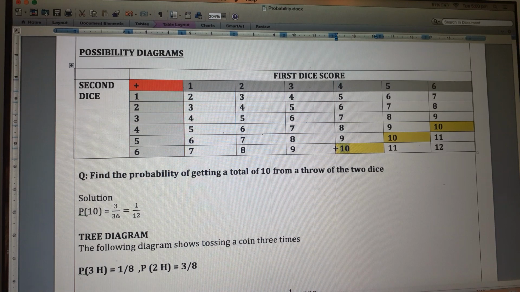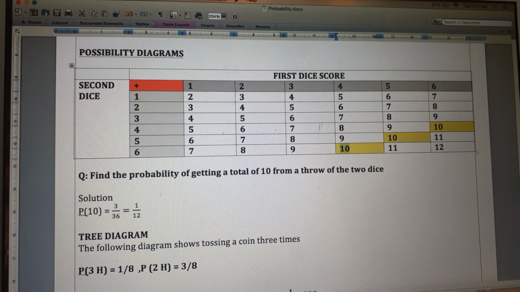So one time I will get 10 in this way. Again I will get 10 a second time, because if one dice has 5 and the second dice also has a 5, 5 plus 5 is 10. So 10 will come 3 times when throwing 2 dice.